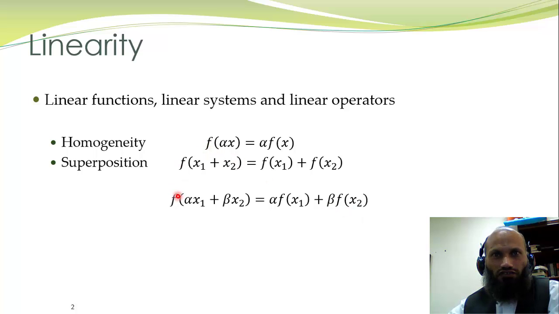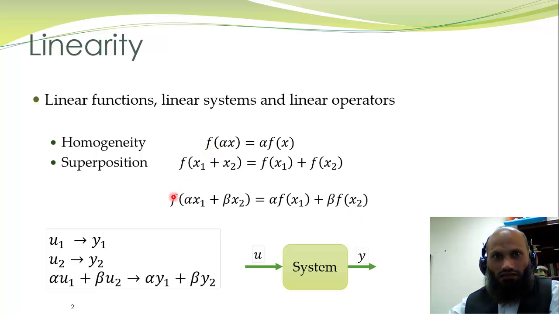Similar to the functions, a system is a linear system if it satisfies the superposition theorem. That is, consider this system with u as the input to the system and y as output of the system. Let's consider that if we apply an input u1 to the system, then output is y1, and for input u2, output is y2.